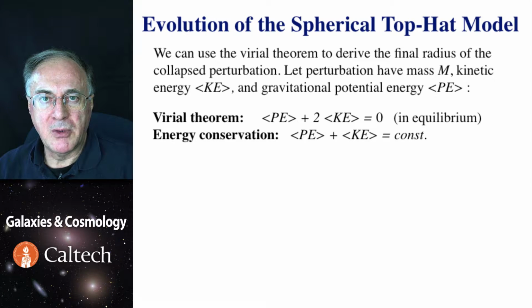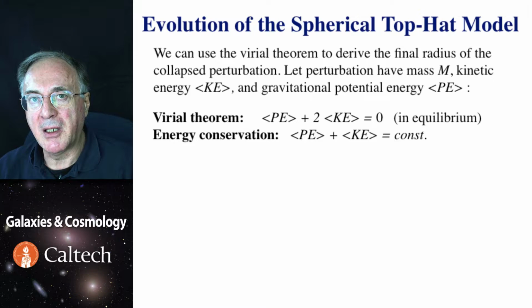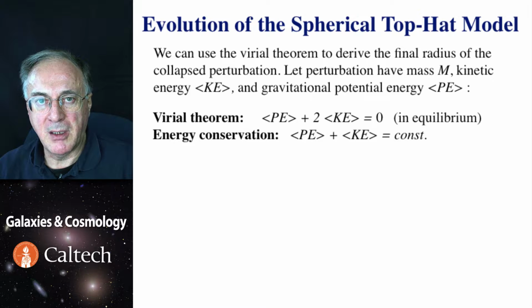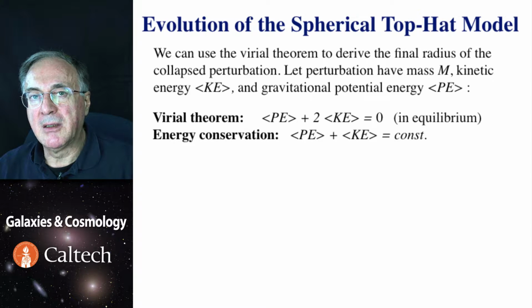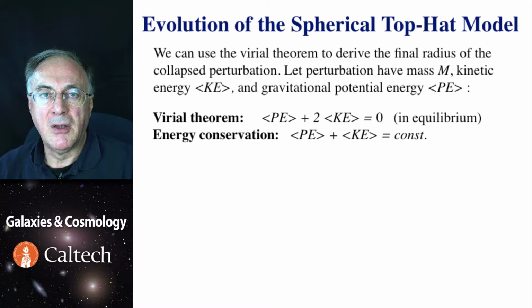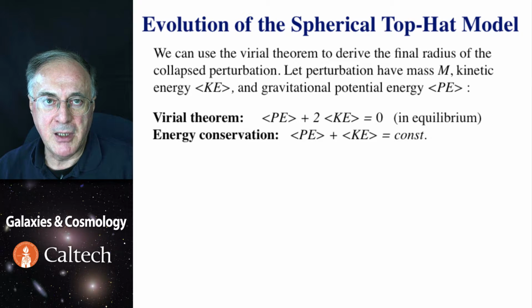Now, a simple argument to understand the final virial radius is that the system is just bound, so kinetic energy and potential energy are equal at the beginning. When it's in the equilibrium state, the virial theorem tells you that kinetic energy will be 1/2 of the potential one, to within a sign.